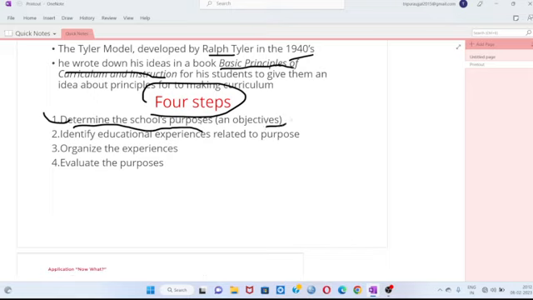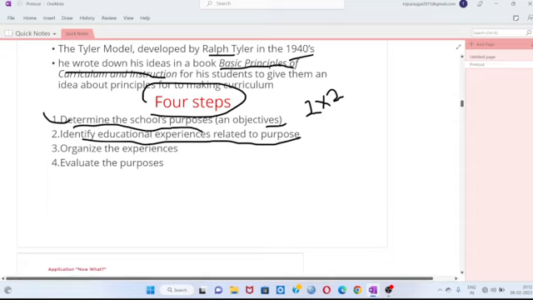Now identify educational experience related to the purpose. Now your purpose is to solve two into two, right? Now educational experiences: what are the educational experiences you want to give so that students will learn this solving?